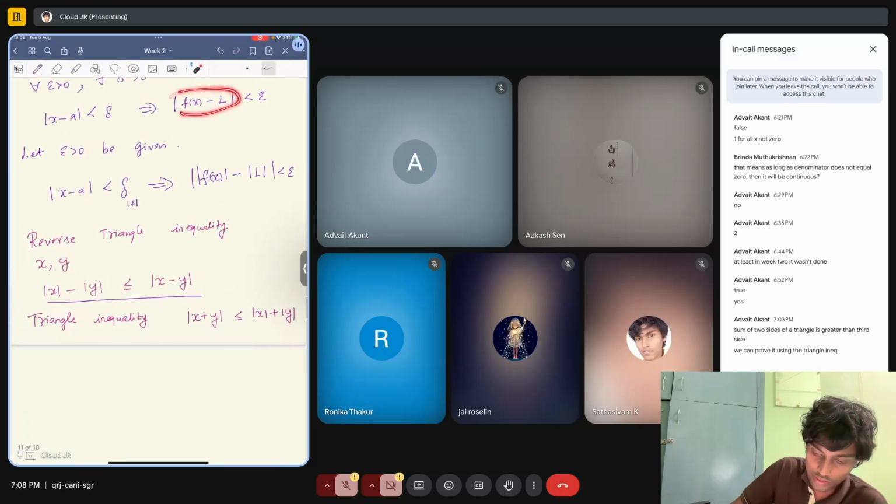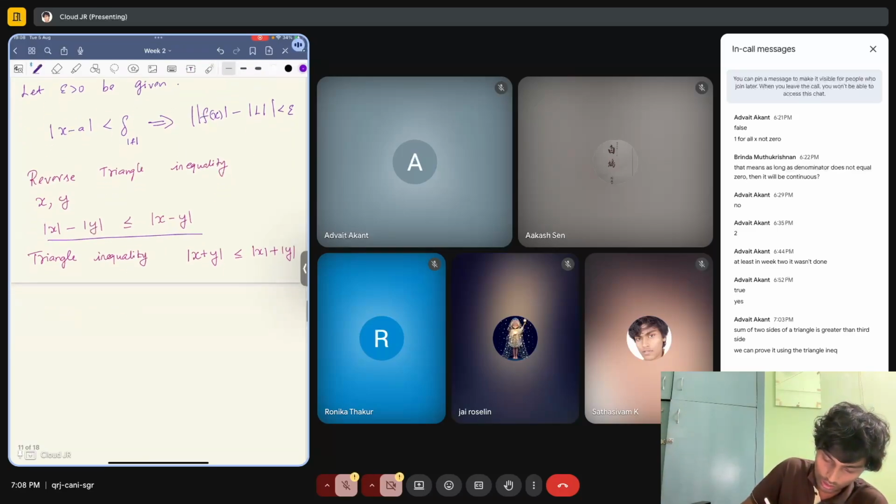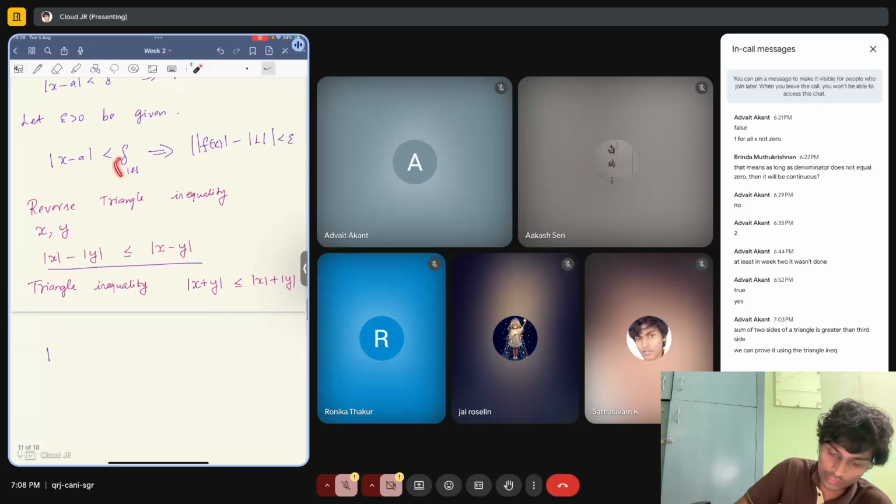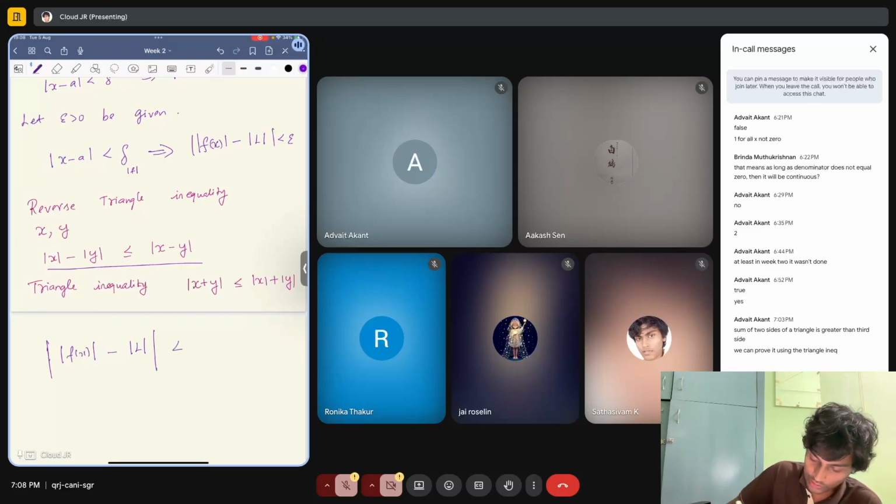So what we know is we have this and we want this, right? So let's start with, I want to find what this delta is here. Let's come back to the delta, but let's try to do this one. Modulus of f of x minus modulus of L, if you look. Now I apply the reverse triangle inequality.